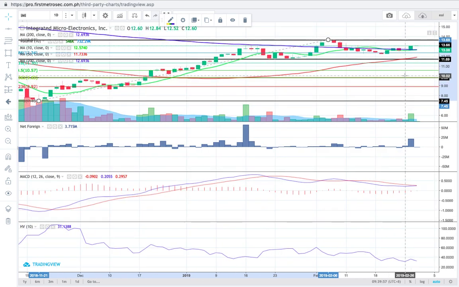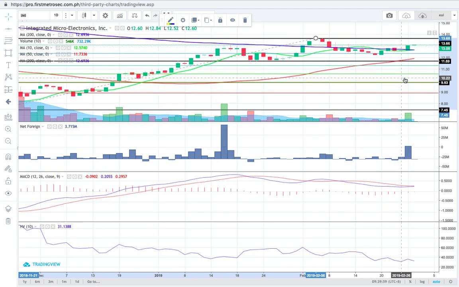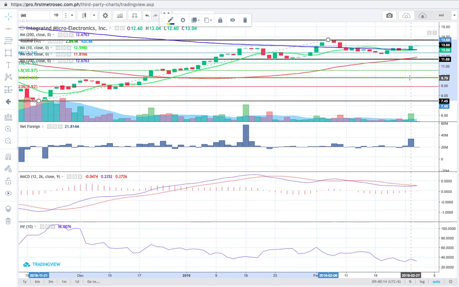If IMI will continue to print volume above the 10-day volume average, then there's a possibility for IMI to revisit the resistance at 13.68 or 13.70 to round it up.